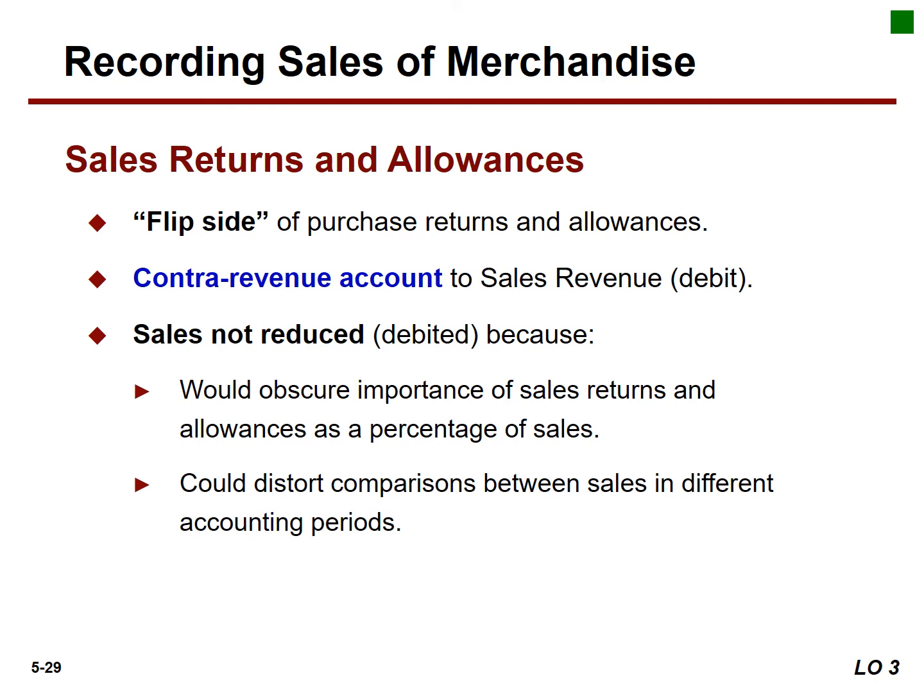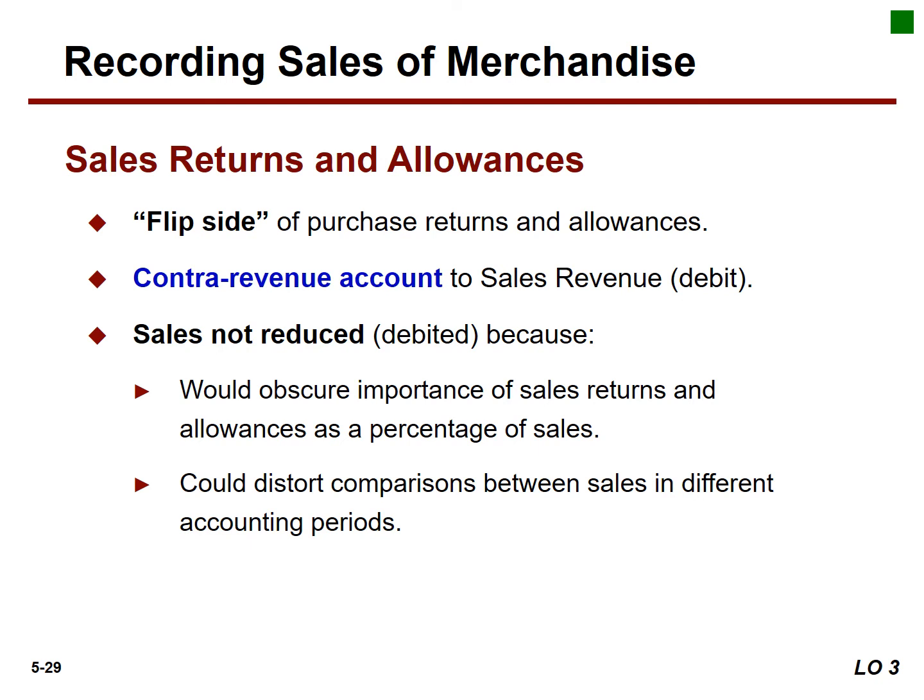They end up reducing the amount of our real sales revenue. We're going to keep track of our sales returns and allowances separately so that the business can manage its sales revenue account better and see if they are having an unusual amount of sales returns and allowances. So they keep track of them separately.